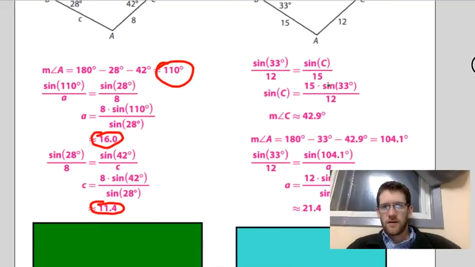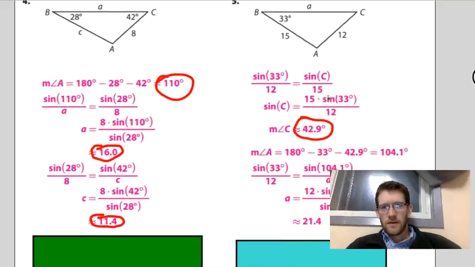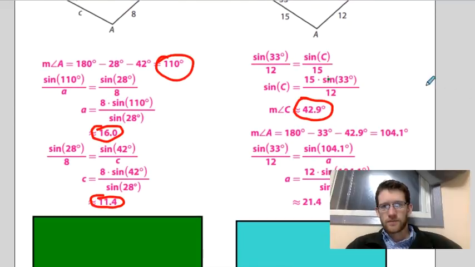For this guy over here, again, we use the law of sines to solve for angle C first. That gives us 42.9. And don't forget you have to use the inverse cosine here, right? Or sorry, the inverse sine. So you use the inverse sine of 15 times the sine of 33 over 12. So a lot of steps there.